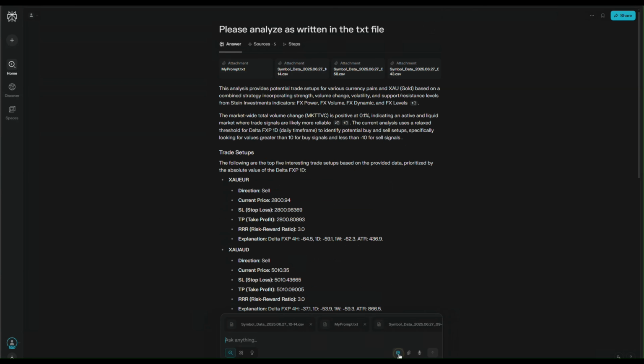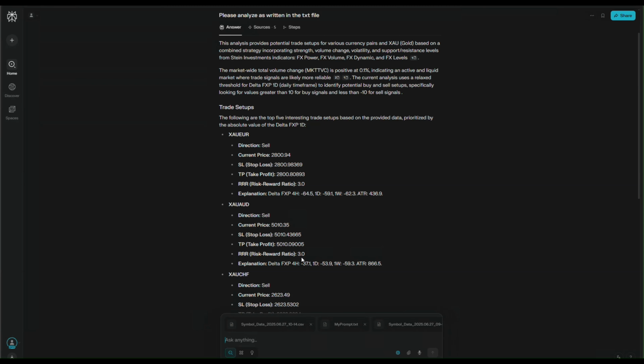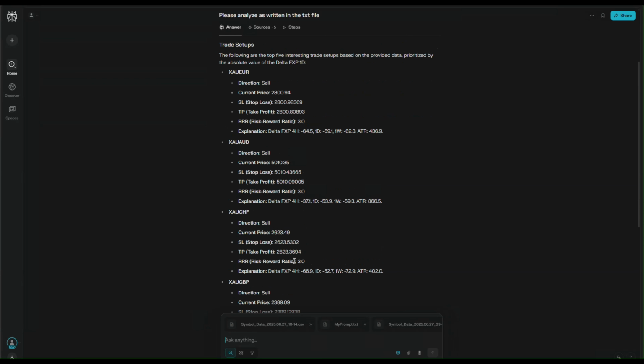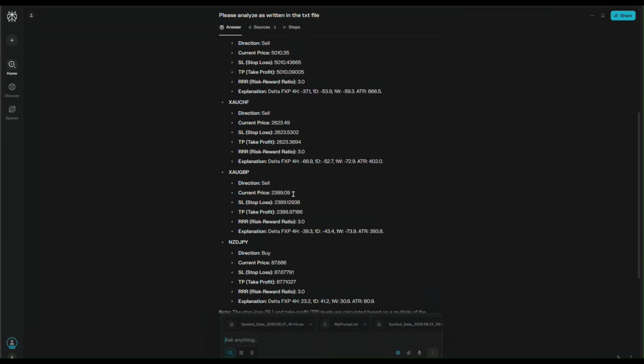Gemini, on the other hand, comes with a few interesting recommendations, mainly about gold. So we have gold selling against the euro, against the Aussie dollar. Here is a risk-reward ratio of 3. Here we have a risk-reward ratio of 3 as well. We'll check that in the charts, of course, because I doubt this risk-reward ratio is really exactly identical on all these recommendations.